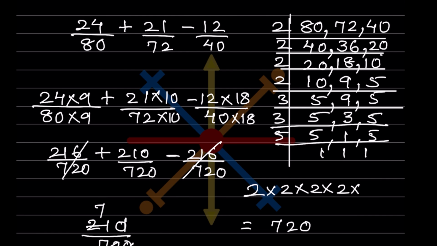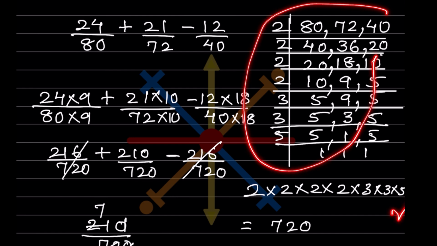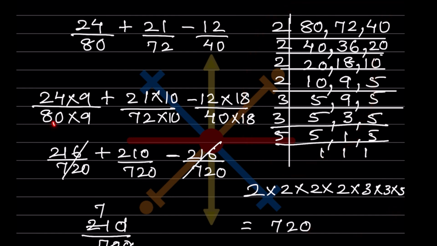Okay, so here what will that be? 4 times 2 we have already written. 3 into 5. So it is 720 only. Only the thing is, when we follow the rule, we cannot jump over to the biggest number. So now you can have a look at this one. That is 720. So now this 80 into 9, 72 into 10 and 40 into this one. The same thing you are going to do, because this is by 9.